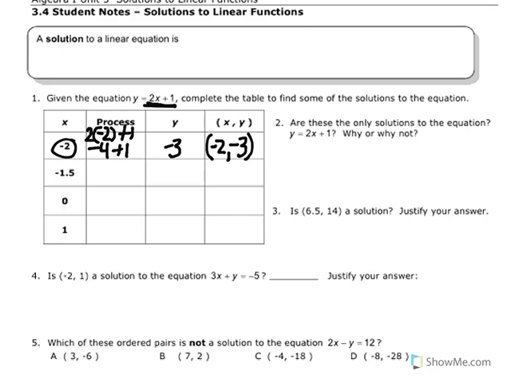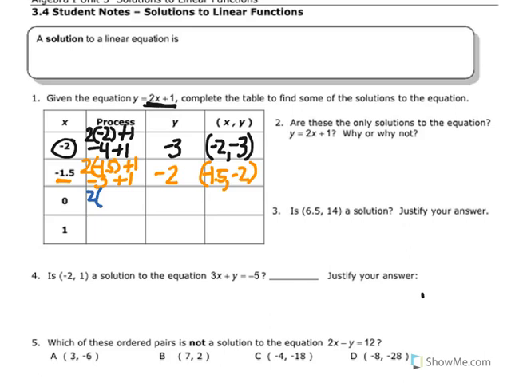So the next one, we're going to take 2 and multiply times negative 1.5, because x is negative 1.5. We're going to plug that in, plus 1. 2 times negative 1.5 is negative 3, plus 1 is negative 2. So we have negative 1.5, comma, negative 2. Now let's try 0.